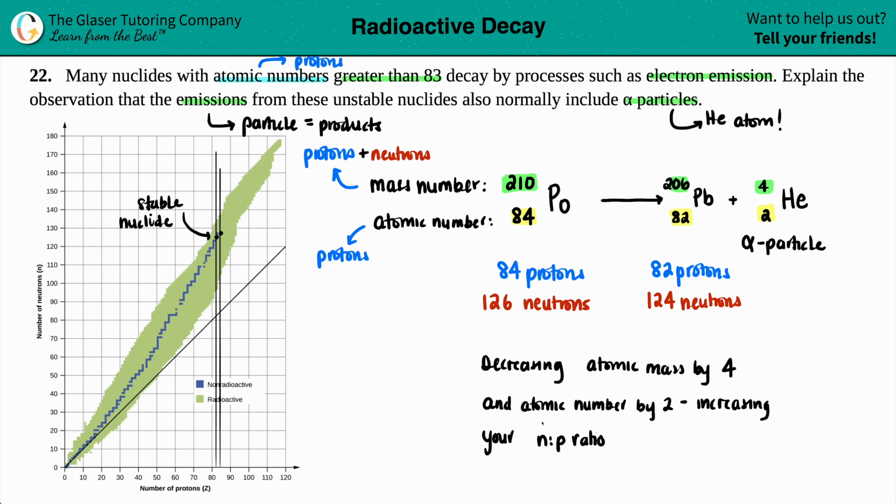Decreasing atomic mass by 4, atomic number by 2, increasing your NP ratio, which gets the daughter nuclide, which is the one that you produce. They just call it a daughter, kind of like daughter cells in biology, which gets the daughter nuclide closer to the band of stability.